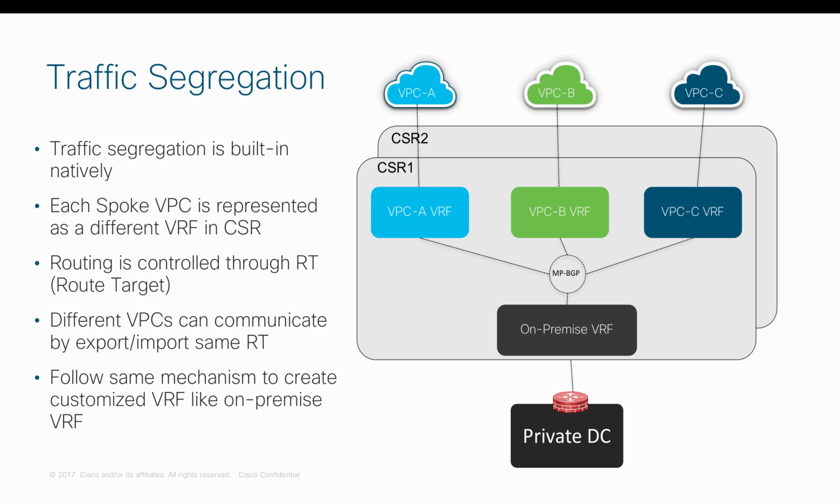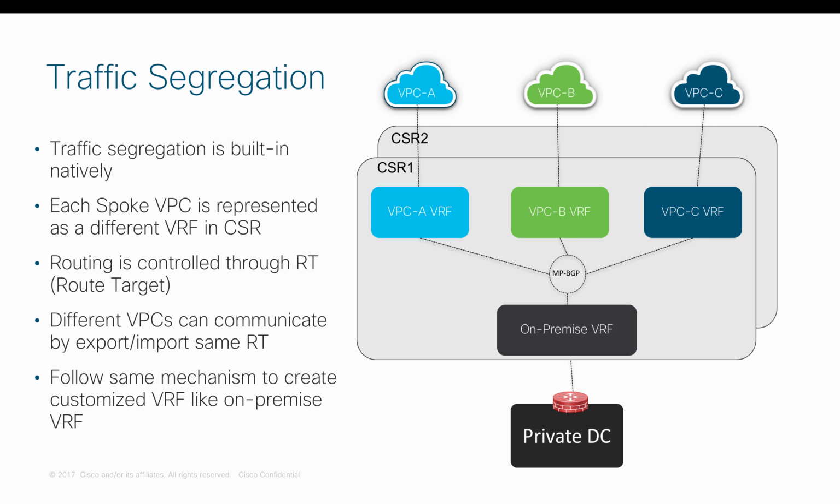There's no point to allow that access. So you can use the capability we're building. Basically, there will be multiple VRFs created, one VRF per spoke, and then we are using BGP VRF route leaking. So everybody can talk to everybody by default, because every VRF on the CSR is importing the same route target and exporting the same route target.